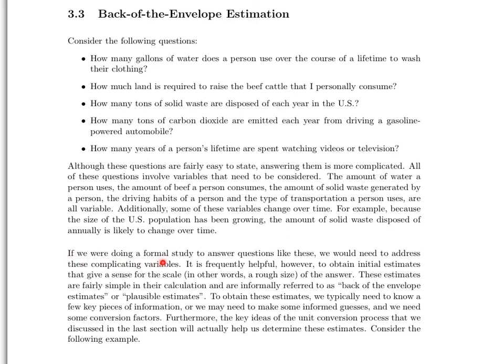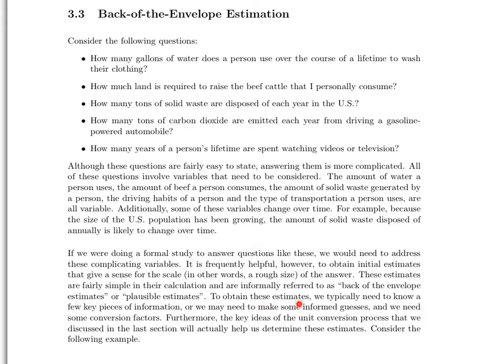If we were doing a formal study to answer questions like those above, we would need to address these complicating variables. It's frequently helpful, however, to obtain initial estimates that give a sense for the scale, in other words, the rough size of an answer. These estimates are fairly simple in their calculation and are informally called back-of-the-envelope estimates or plausible estimates.